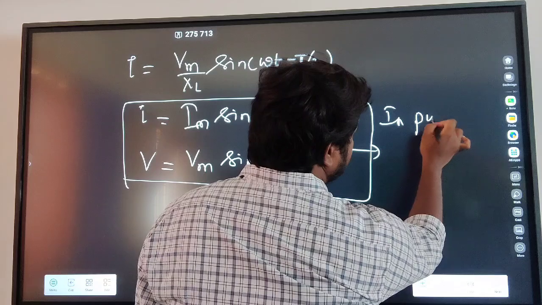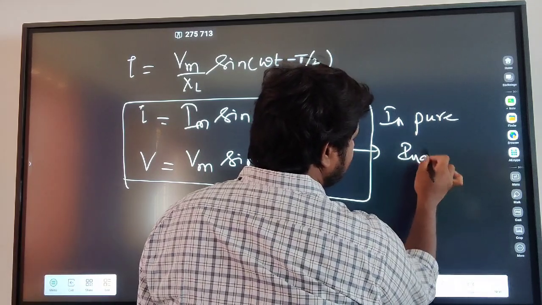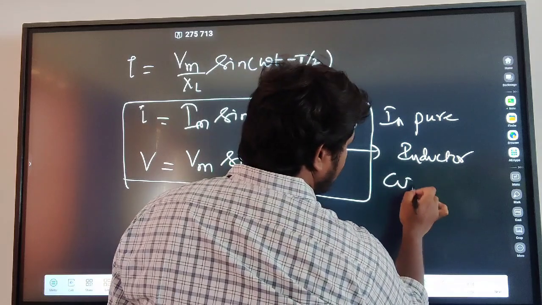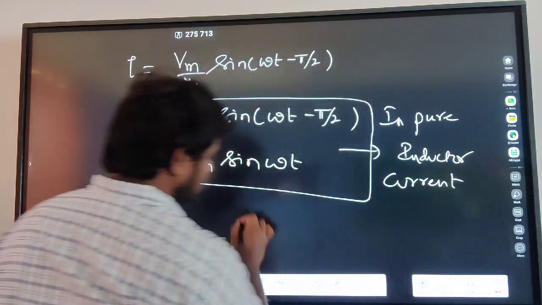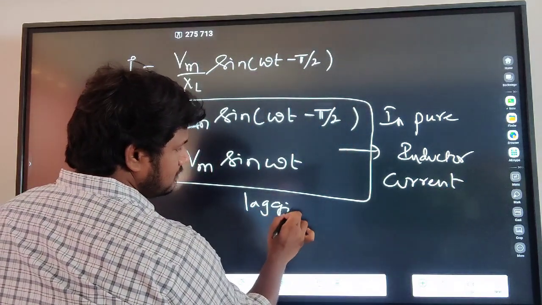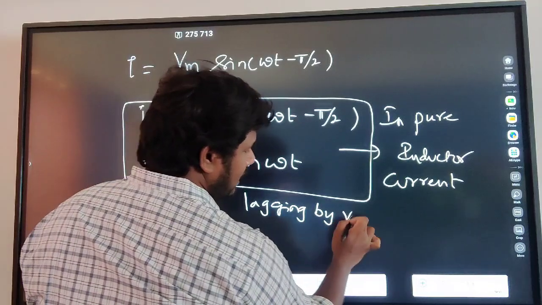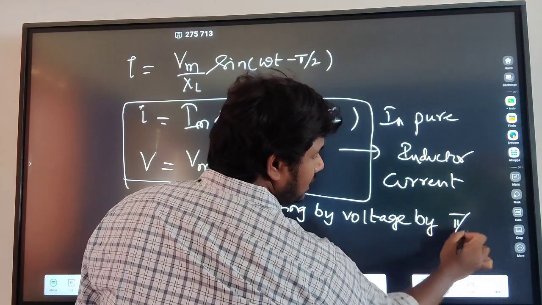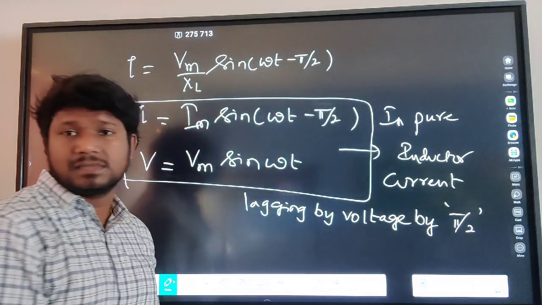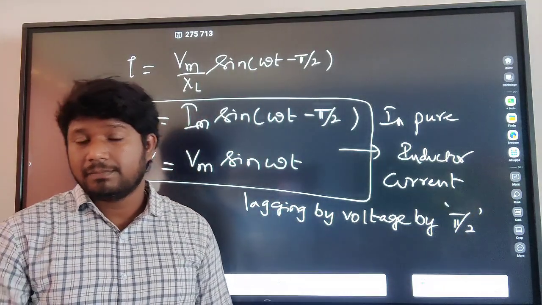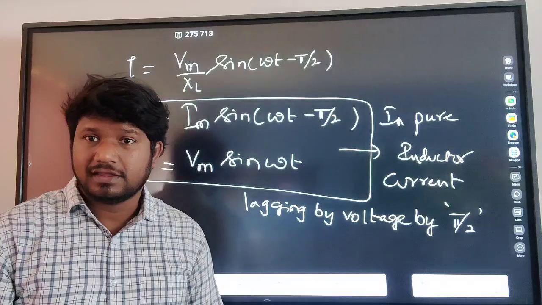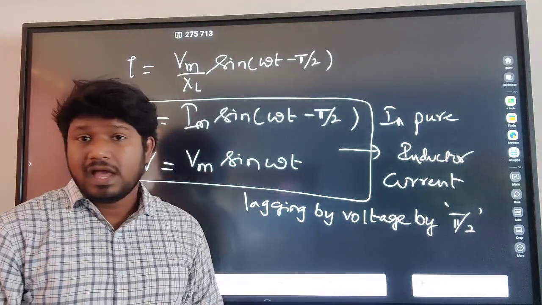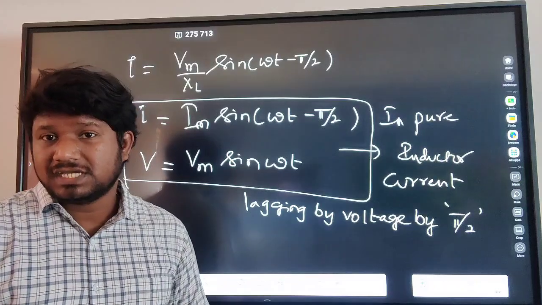In a pure inductor, current lags voltage by 90 degrees. This is very important.